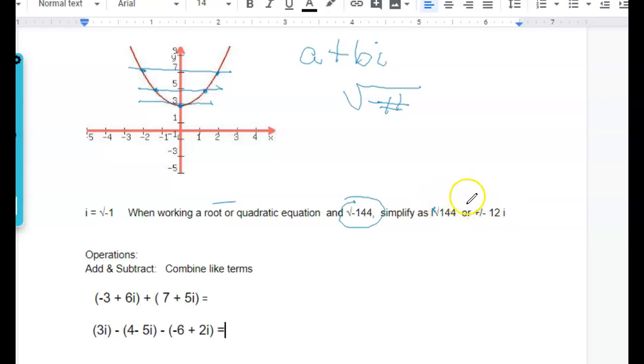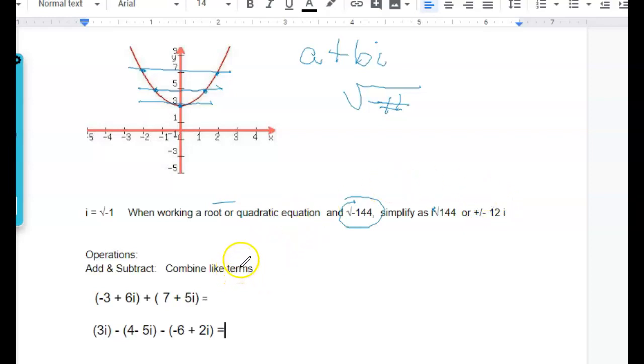It's not always going to be a perfect square root. It could be something that you have to factor, but in this case, to make it obvious, I just left it that way. So 144, the square root is 12, and there's always, until we're told otherwise, two of these. That's why there's always two roots or two solutions when I graph. So it's a positive 12i and a negative 12i when I simplify that.